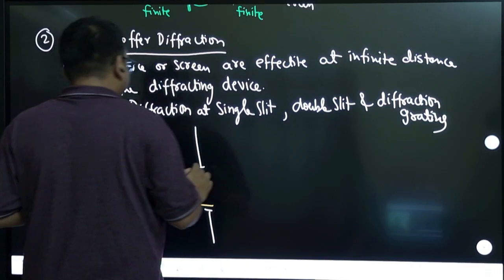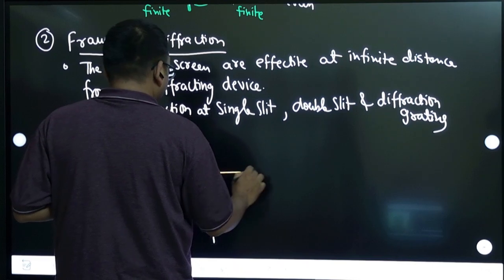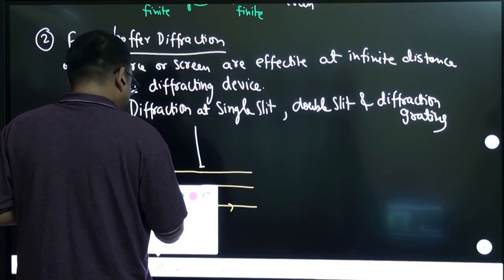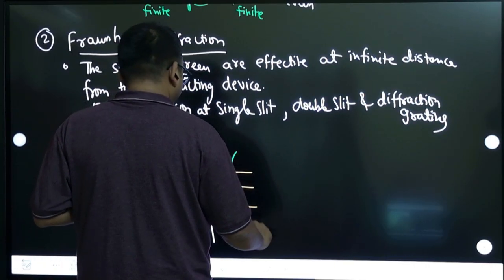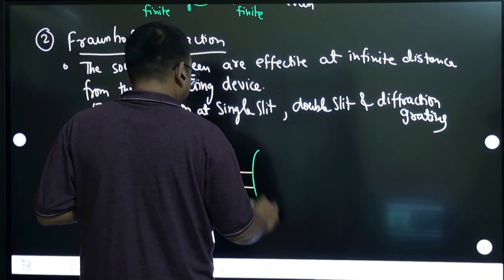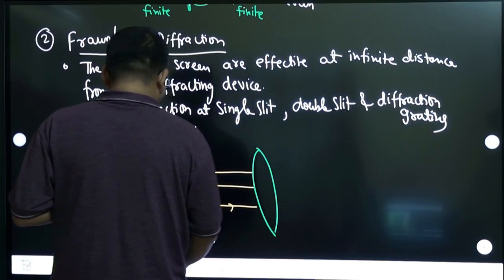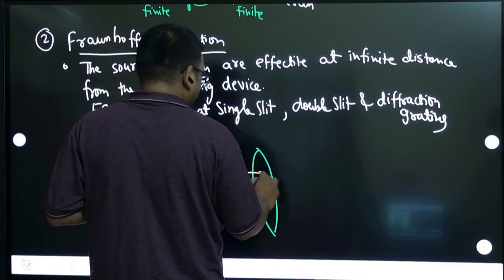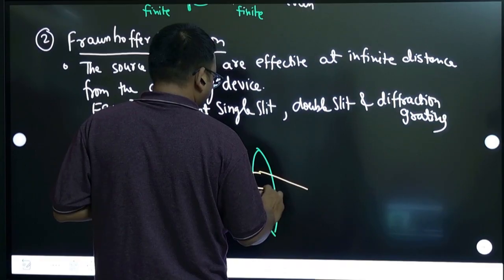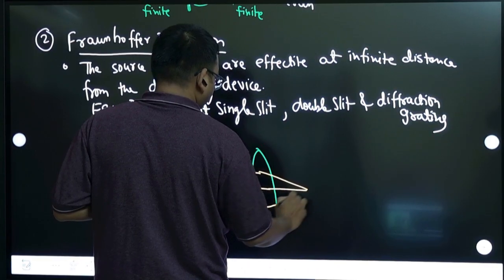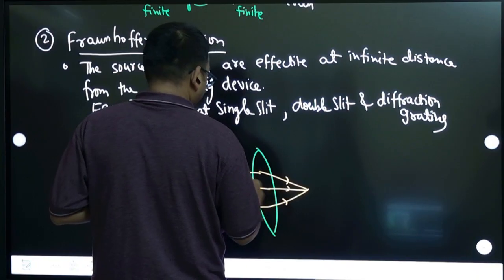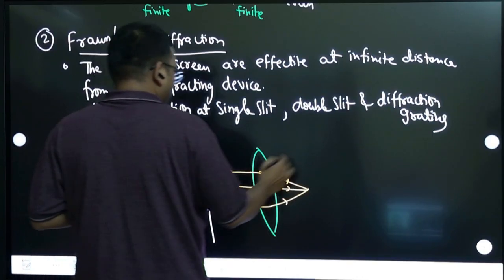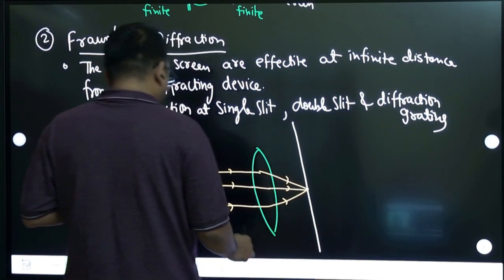Then on this side you can keep a lens, and these rays will merge at some point on the screen, where the pattern can be formed.